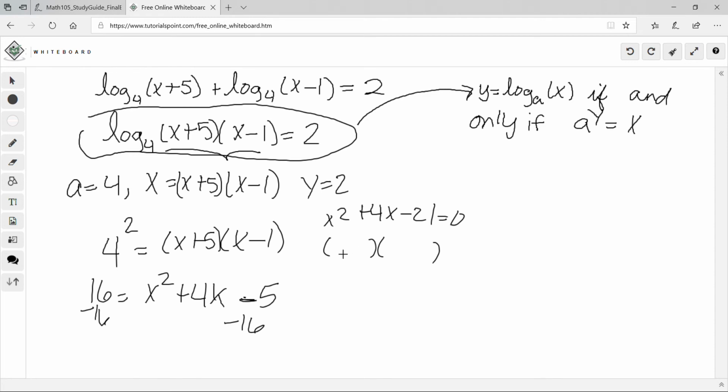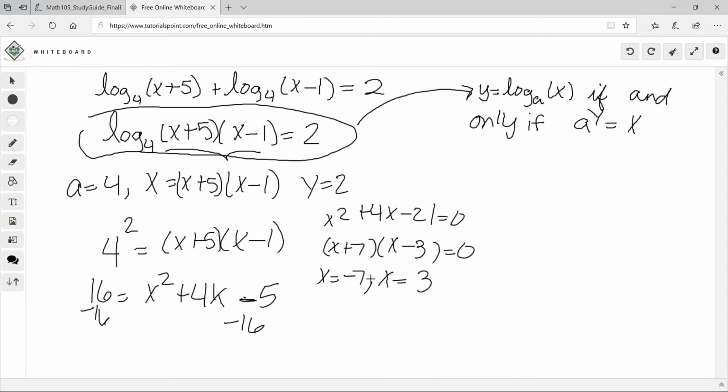So this is going to be x plus 7 and then x minus 3. So our possibilities for x are negative 7 and positive 3.